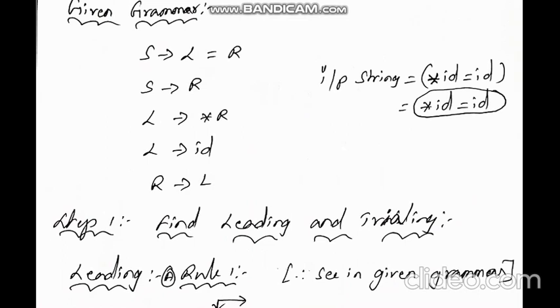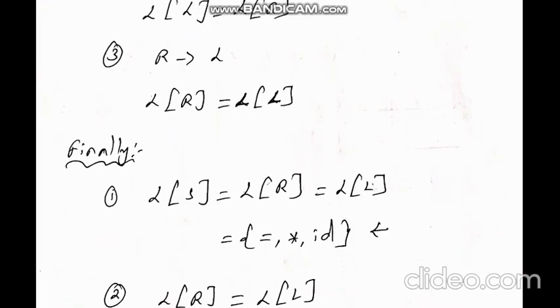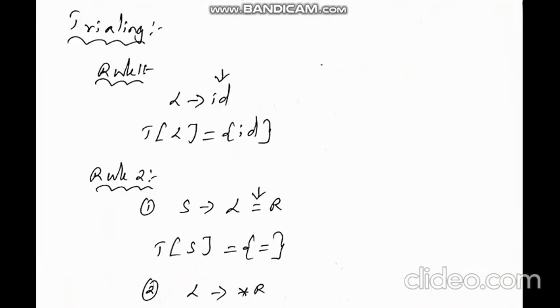So let me take you there. Now I am going to scroll down and show you how this trailing is exactly working. I am going to find the last terminal. This is the given grammar. You can scroll up and check. S tends to ID. So this is exactly matching. This is actually matching for both.